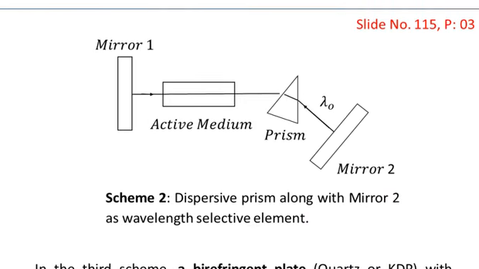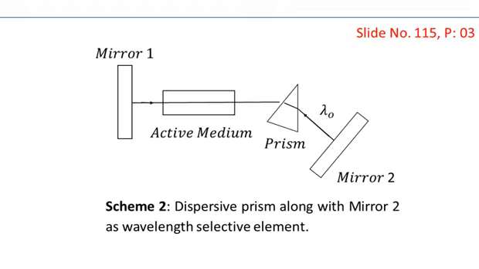Now we are going to discuss this arrangement. You see that we have mirror 1, the active medium, a prism placed inside the resonator, and also mirror 2. A wavelength lambda naught has been shown, which we have selected. The caption of scheme 2 is dispersive prism along with mirror 2 as a wavelength selective element.